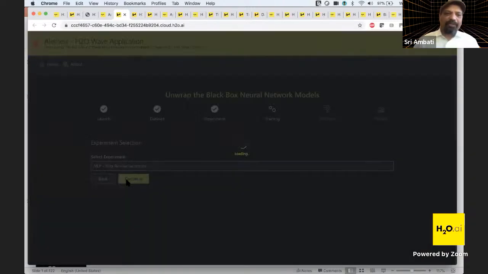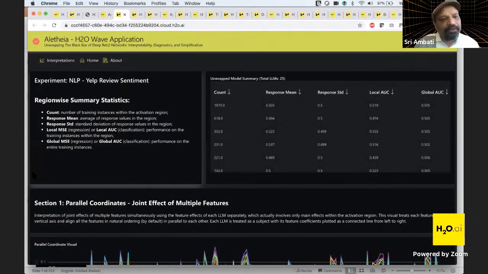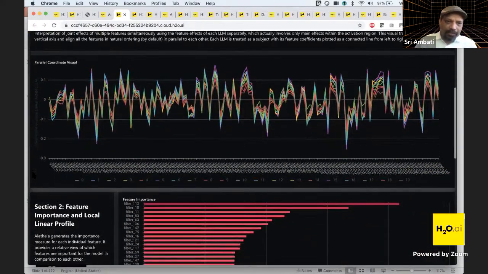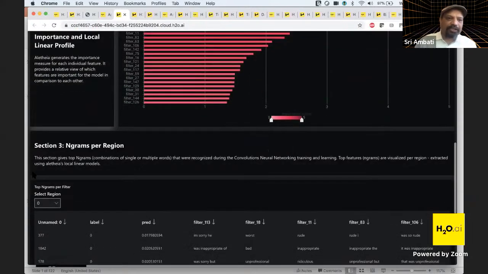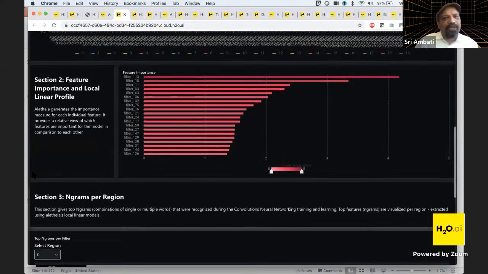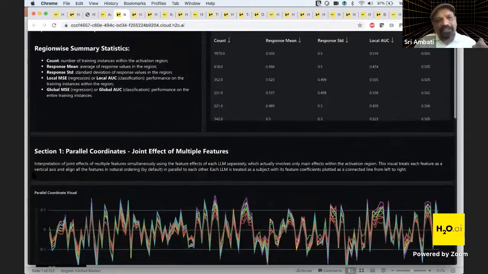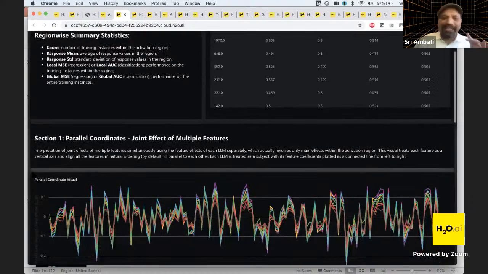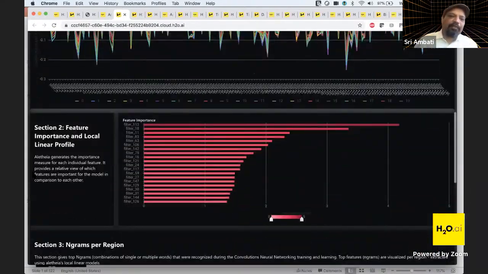Here's an NLP example. It's a Yelp review sentiment analysis. It's a complete black box model, historically very difficult to understand. So what Agus and team will be talking about in a little more detail is a way to transform these sophisticated neural network models to simple, locally linear models.